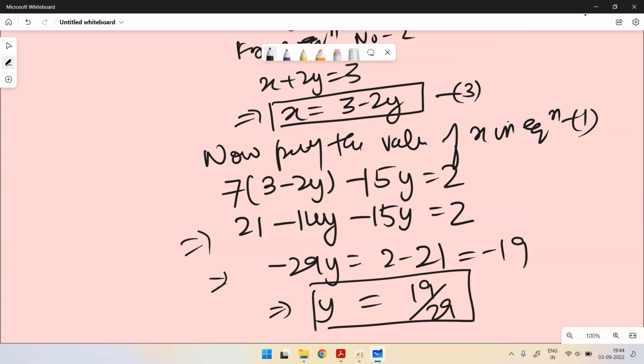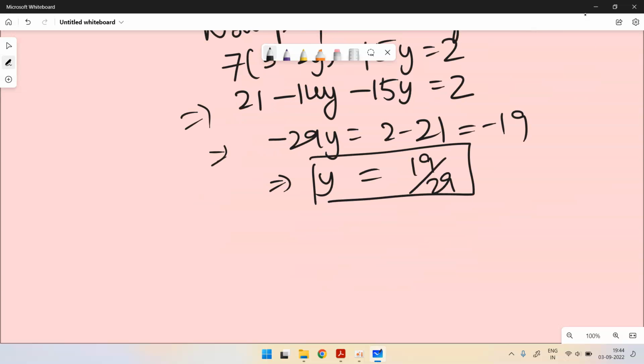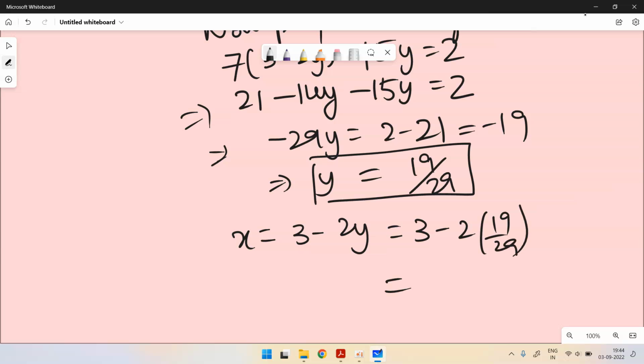And if you substitute this value of y in x, that is x equals 3 minus 2y, equal to 3 minus 2 into 19 by 29. Taking LCM as 29, you get 87 minus 38, which is 49 by 29.